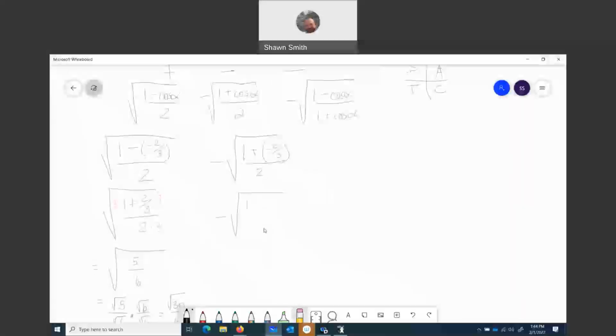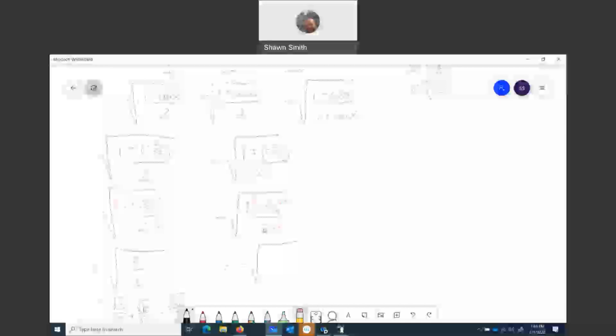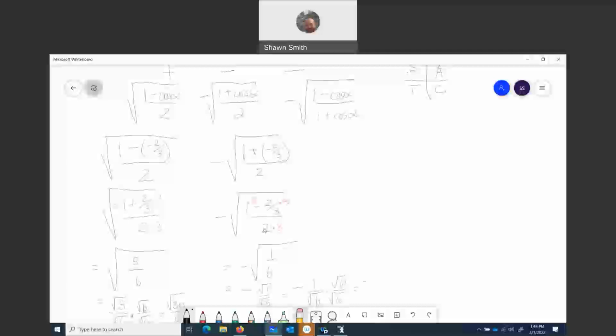So it's going to be 1 minus 2/3 all over 2. Again, we're going to multiply everything in here by 3. So we now get a negative square root of 3 minus 2, which is 1 in the numerator, 6 in the denominator. That can be simplified. The negative square root of 1 over the square root of 6, negative 1 over the square root of 6, rationalized, is negative square root of 6 all over 6.